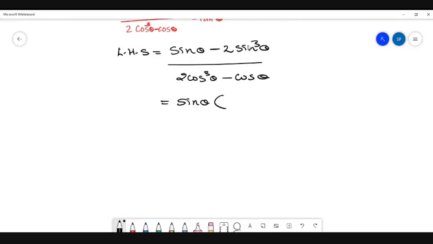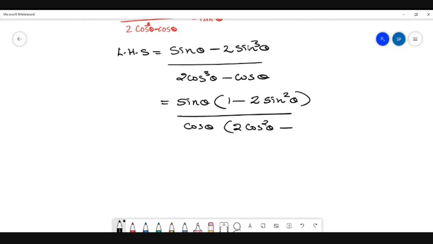So sin theta into (1 minus 2 sin square theta) divided by, from the denominator you can take cos theta outside. It will be 2 cos square theta minus 1. Now we can see sin theta by cos theta, we come to the answer tan theta, okay?